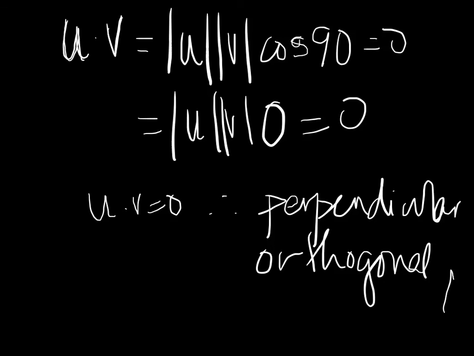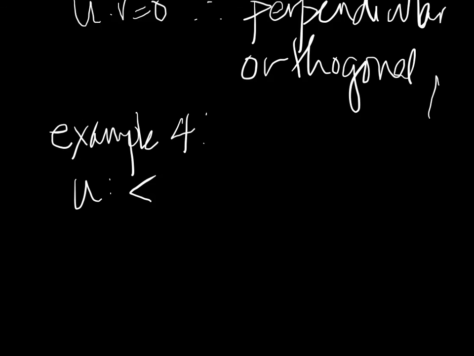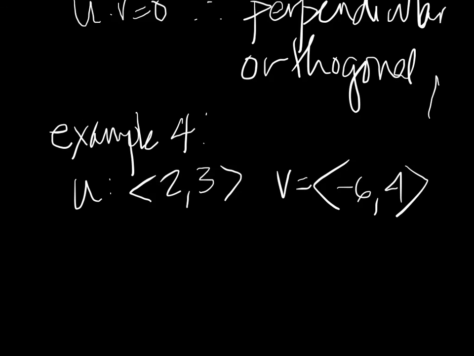What they want us to do is prove that vector u and vector v are orthogonal. Vector u in component form is 2, 3, and vector v in component form is -6, 4. I need to prove that they're orthogonal.